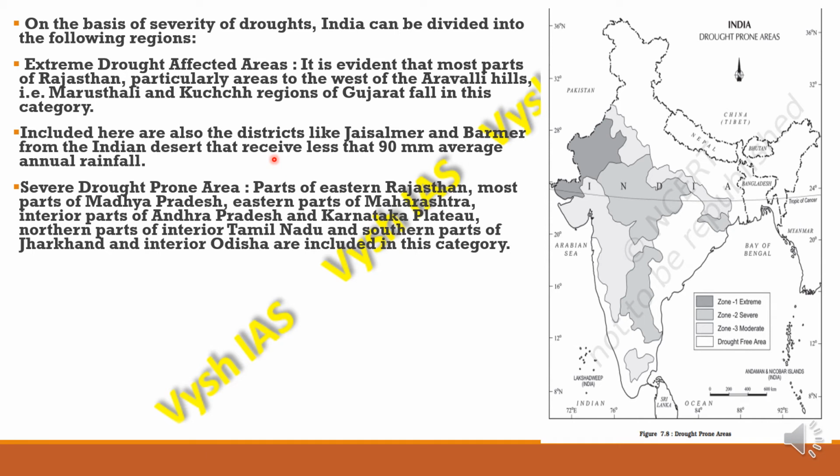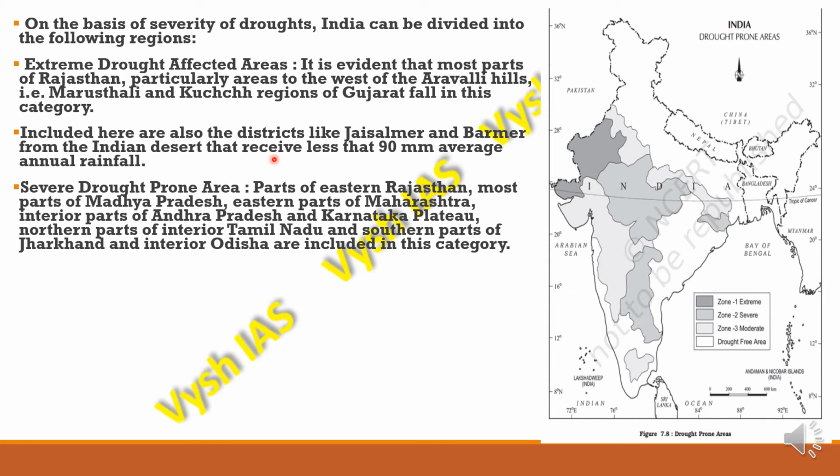Then severe drought prone areas include parts of eastern Rajasthan, most parts of Madhya Pradesh, eastern parts of Maharashtra, interior parts of Andhra Pradesh and the Karnataka plateau, the northern parts of the interiors of Tamil Nadu and southern parts of Jharkhand. The interiors of Odisha are also included in this category.